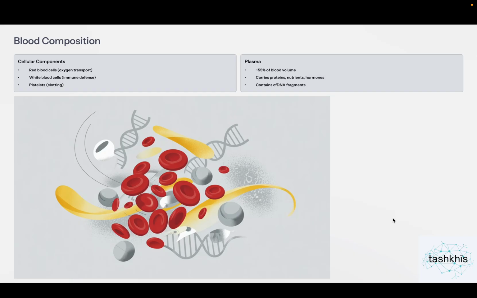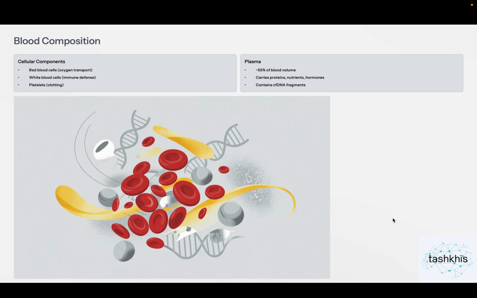So to understand this further, let's first look at what blood is made of. Blood has two main parts: the cells, or the cellular components, and the plasma. The cellular components include red blood cells that carry oxygen, white blood cells that defend against infection, and platelets that help clotting.